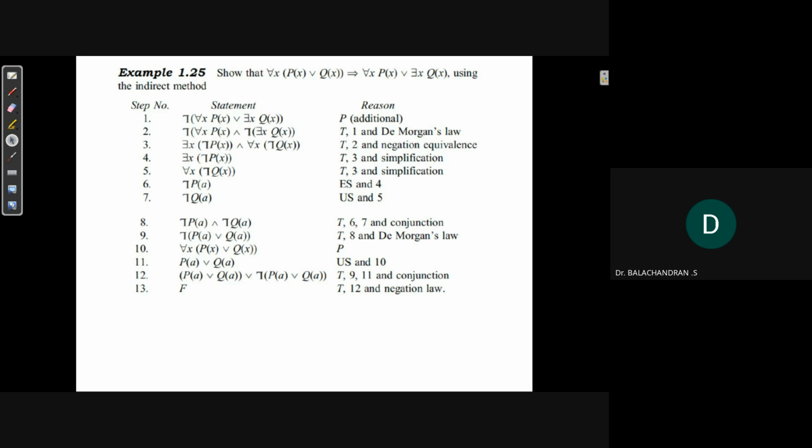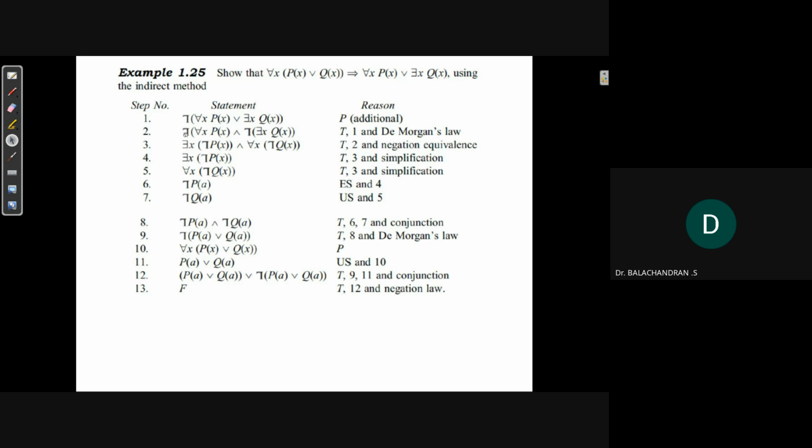And then from 1 to 2, I am applying De Morgan's law. So if I apply De Morgan's law, I will get what? Negation of for every x, P of x, and the negation of there exists x, Q of x. And then I got 3.